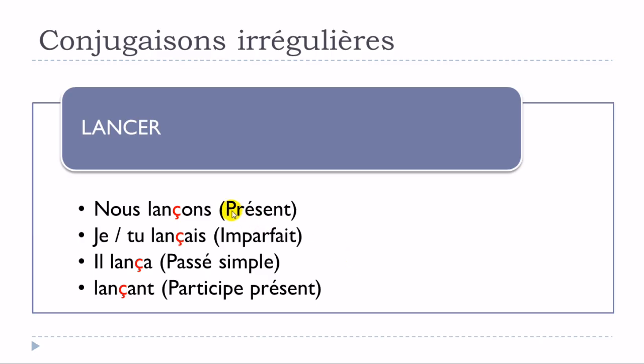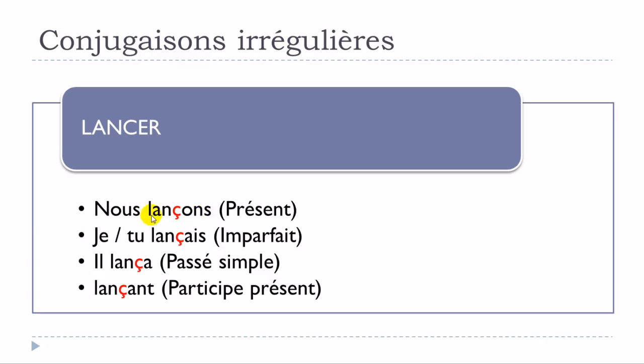When we're talking about le présent, the only form that will be affected or modified somehow will be the nous form. Okay, and if you take a minute to think about that, normally if we would respect the rule for the regular verbs, we should write the verb like LAN C, so without the cédille here, and then ONS, okay?